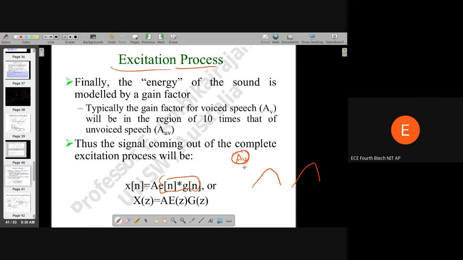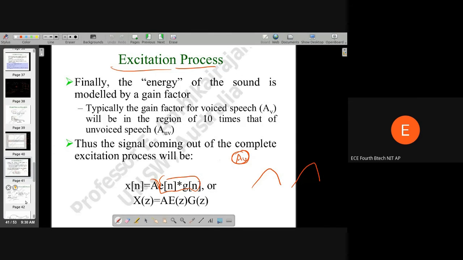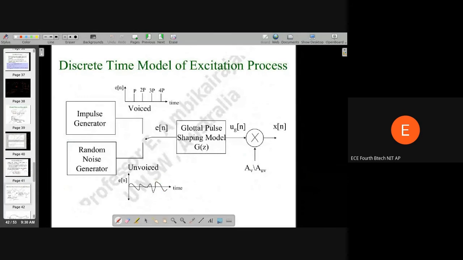For certain sounds, you will utter at a higher energy, and for certain other sounds, you will naturally have a softer energy associated with it. Loudness will be low. So this fixed term A takes care of that. This is what finally we were talking about.